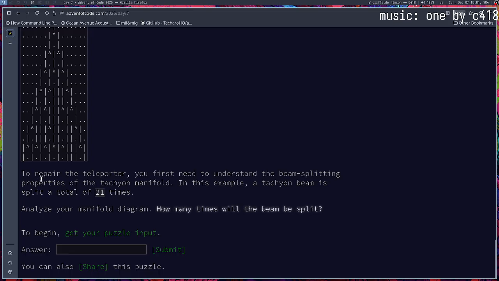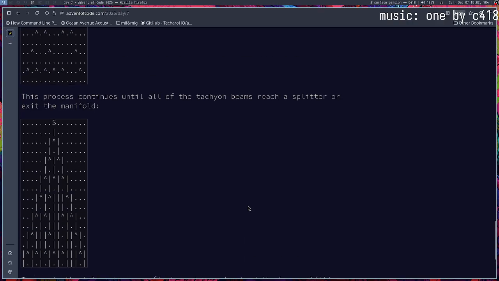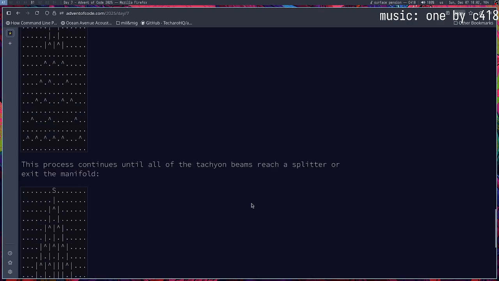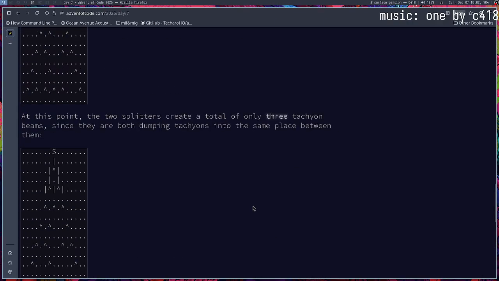To repair the teleporter, you first need to understand the beam splitting properties of the tachyon manifold. In this example, a tachyon beam is split a total of 21 times. Analyze your manifold diagram. How many times will the beam be split? Hmm.